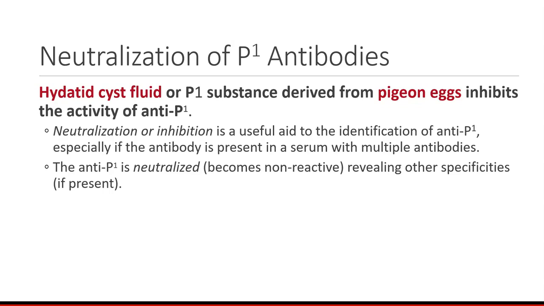So neutralization, or another term is inhibition, is a useful aid to identify anti-P1, especially if the antibody is present in a serum with multiple antibodies. The anti-P1 is neutralized, meaning it becomes non-reactive, revealing other specificities if present.